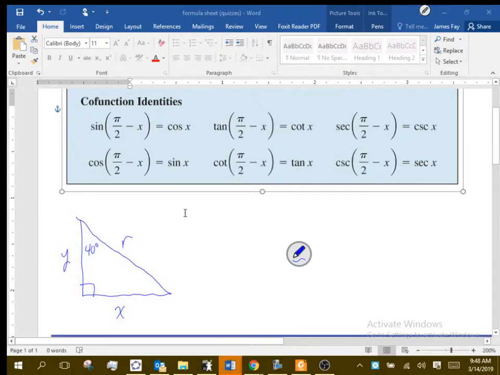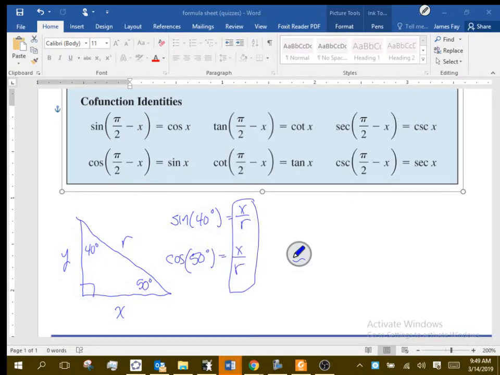What would be the sine of 40 degrees in this picture? X over R, right? Okay. What would be the cosine of that 50 degrees? It'd be X over R, wouldn't it?